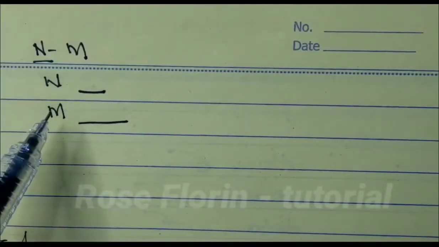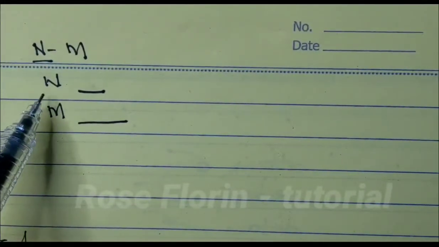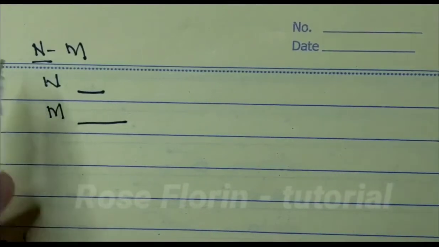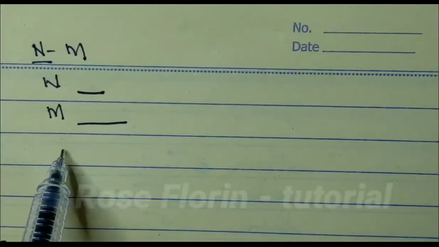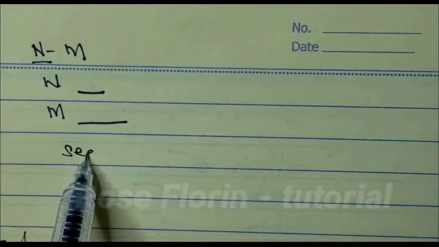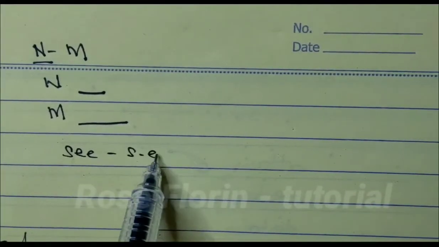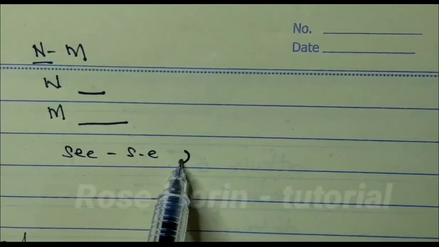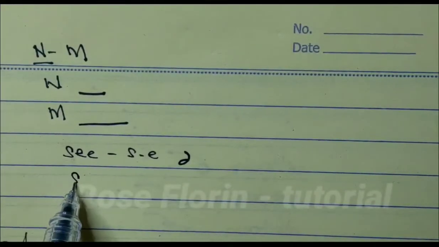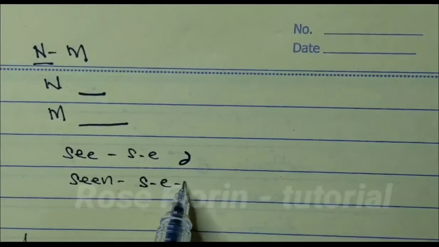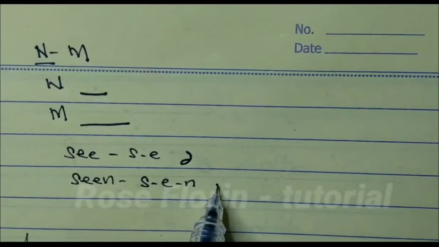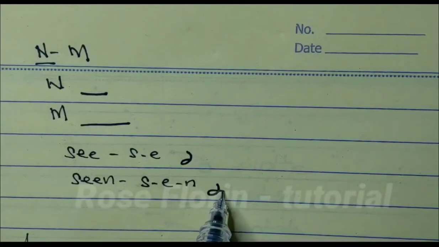So, mas mahaba siya sa letter N. Let's compare these two words: C, S-E, while sin, S-E-N, so letter S-E-N.